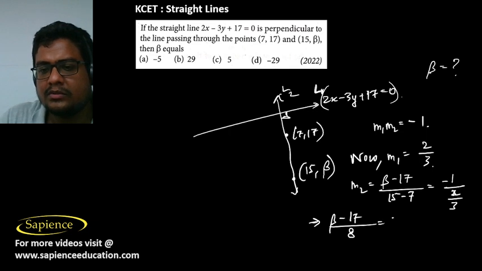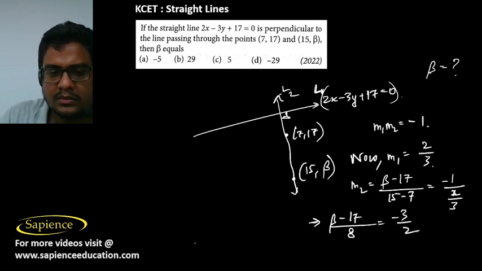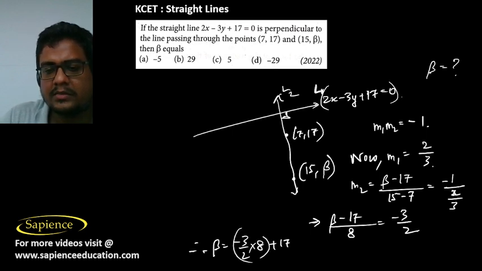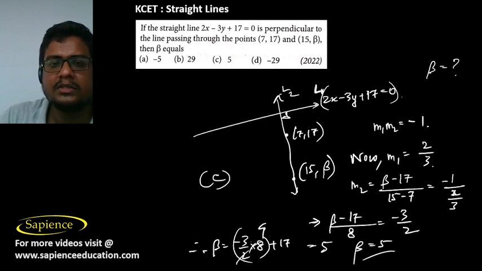Therefore β = (-3/2)(8) + 17, which is -12 + 17, so option C is the correct answer.